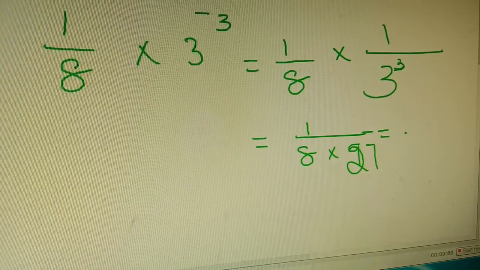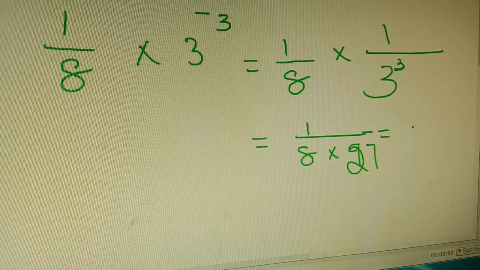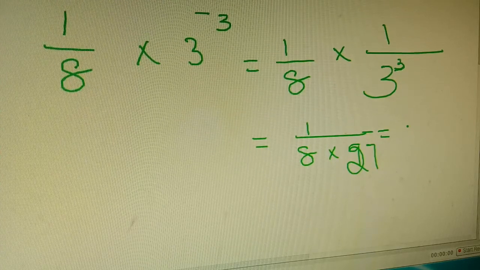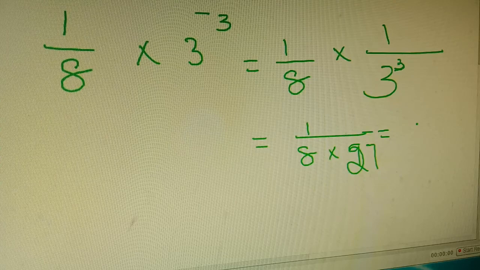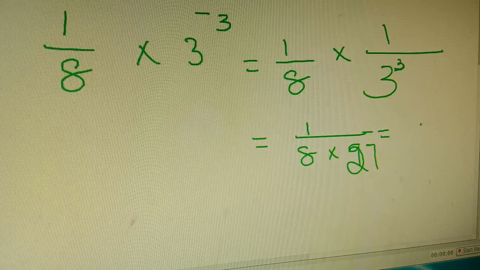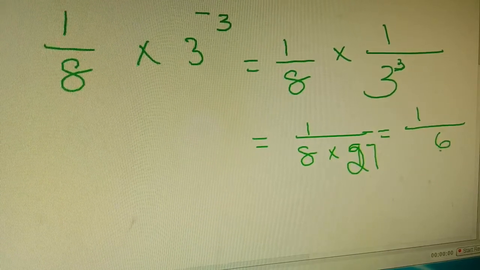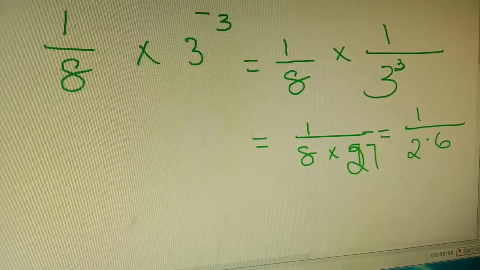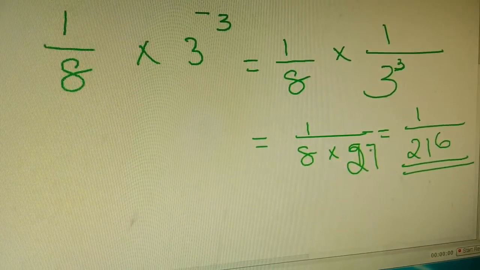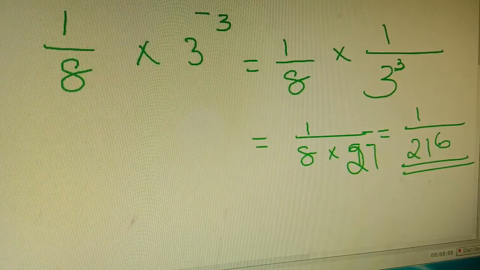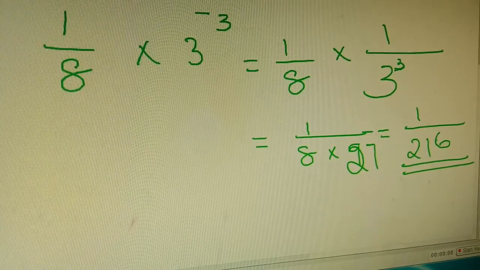So 1 by 8 into 27. What is 8 times 27? That is 1 by 216. 27 into 8 is 216. So 1 by 216. It is one method.